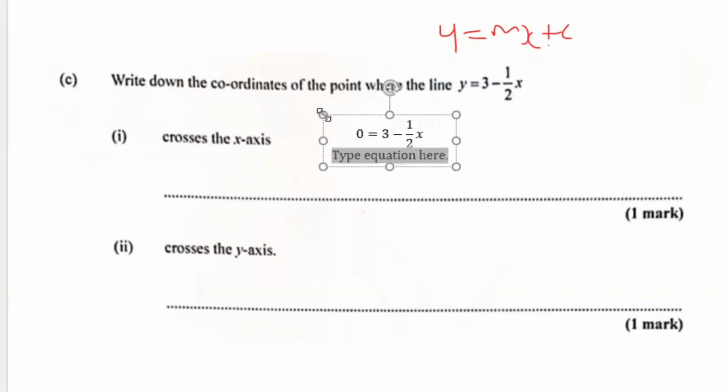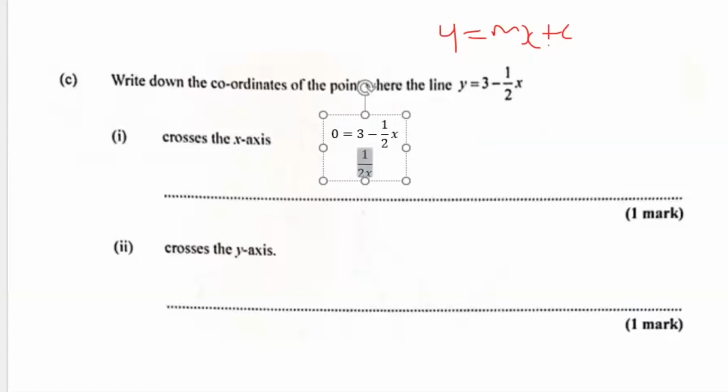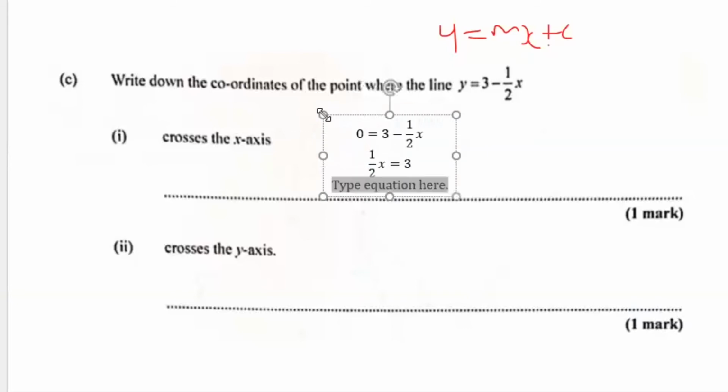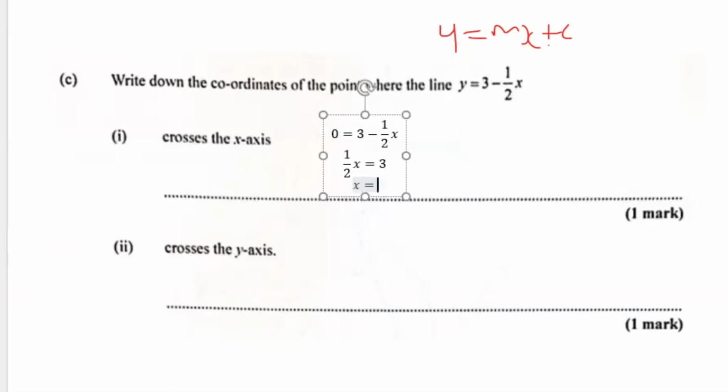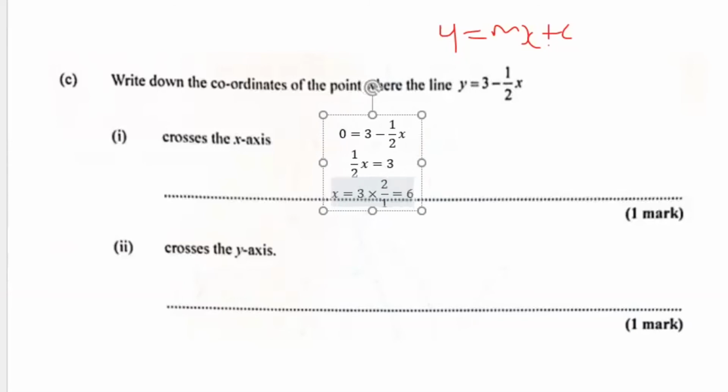If I carry over my minus half x, I will have a half x is equal to 3, and I can now solve for x. x would be equal to 3 multiplied by 2 over 1, which would make x equal to 6.